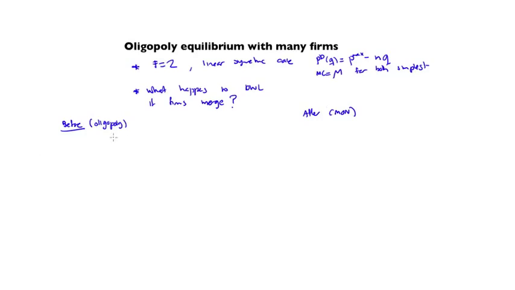Now, we know what happens in oligopoly: each firm ends up producing a quantity (P max minus mu) divided by 3m, the price in the market ends up being 1/3 P max plus 2/3 mu, and the deadweight loss ends up being (P max minus mu) squared over 9m. I'm just copying from our notes what we knew happened before.